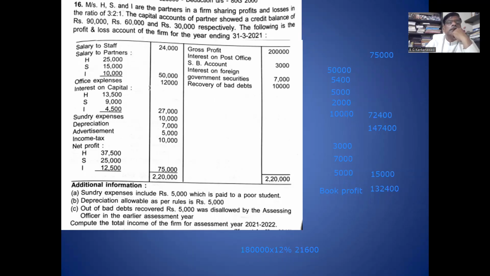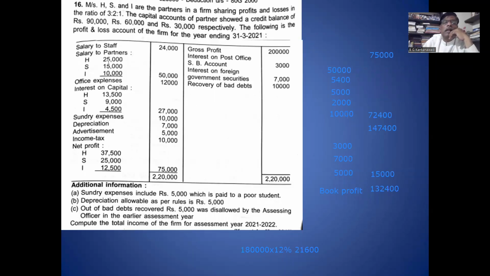Then who are the working partners? Nothing is given in the problem. So you consider all are working partners. All are working partners. So first you calculate 90%.